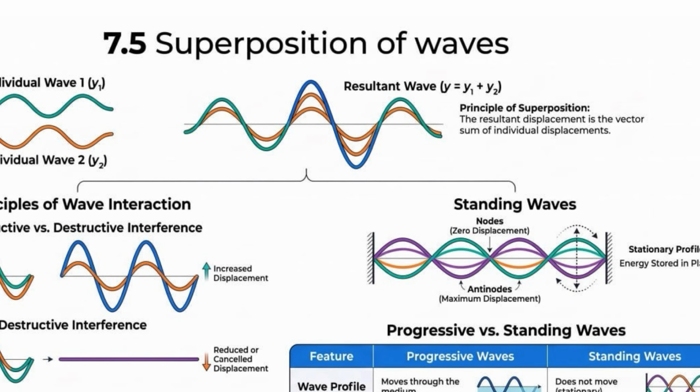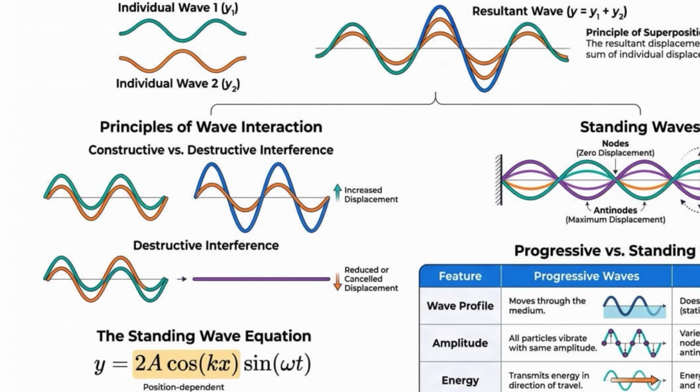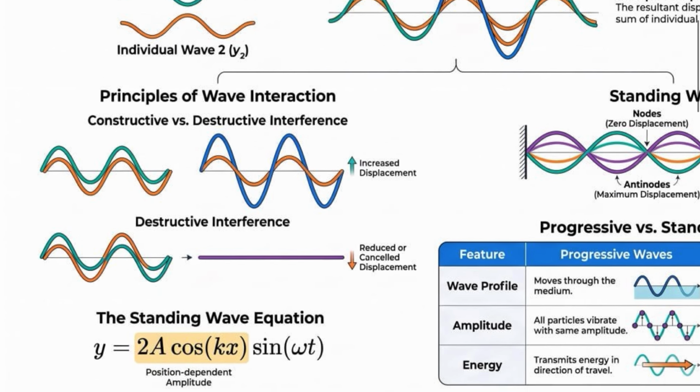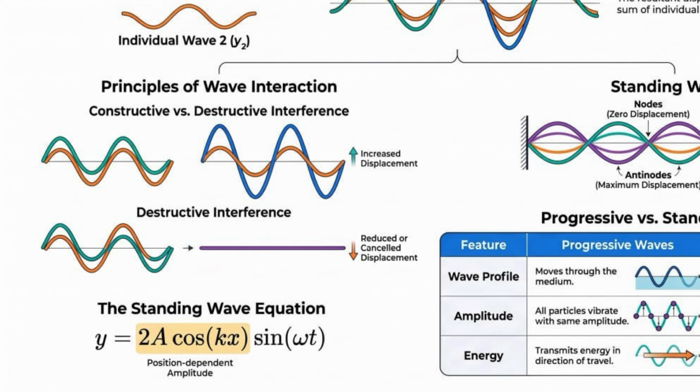Now, once you understand the principle of superposition, we use this to explain interactions. The first one is constructive interference. The second one is destructive interference. So what are constructive and destructive? If you look at this diagram, this is an example of constructive and destructive interference.